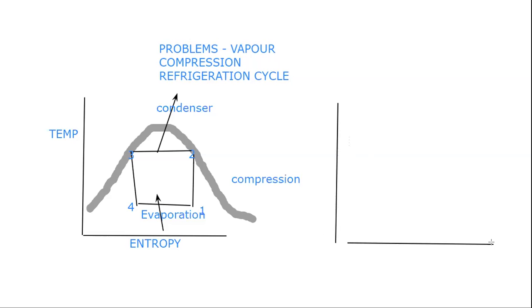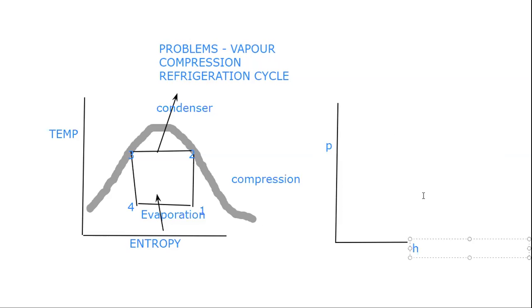I mean the x-axis. Here I am going to put the same processes in the pH diagram, called a pressure enthalpy diagram. What is the symbol for enthalpy?